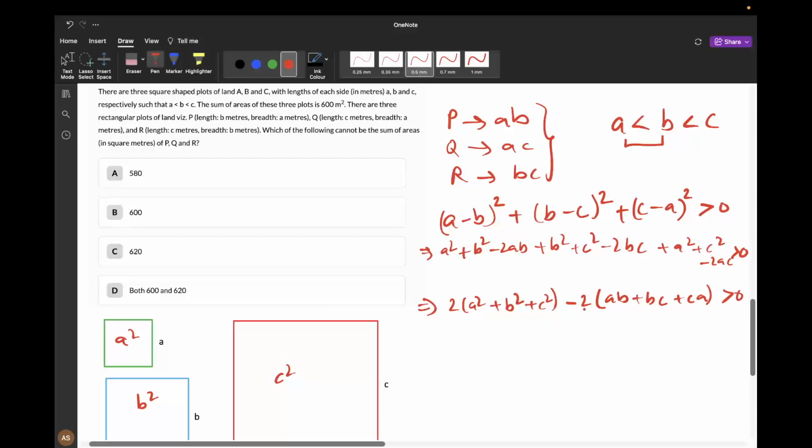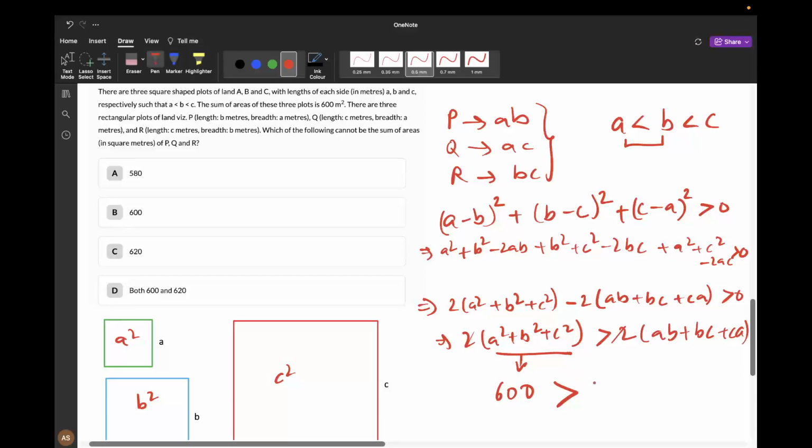So we'll add 2 into AB plus BC plus CA on both sides, and we get 2 times A square plus B square plus C square greater than 2 times AB plus BC plus CA. So 2 gets cancelled. A square plus B square plus C square we know is equal to 600.